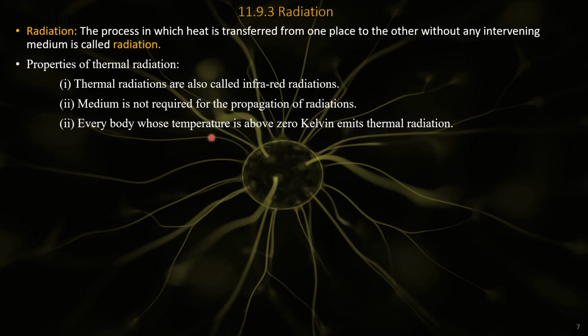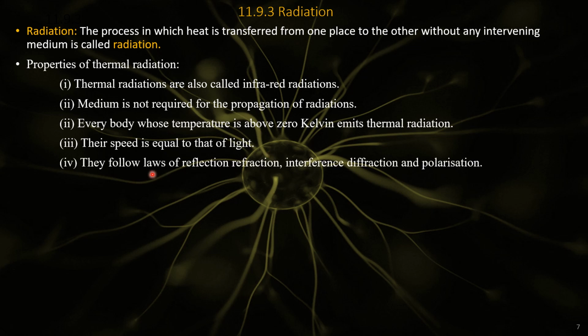So every body, including our human body, also emits thermal radiation because its temperature is above 0 Kelvin. The speed of this radiation is equal to that of light. They follow the laws of reflection, refraction, interference, diffraction, and polarization. Please note, these are the important characteristics of radiation.